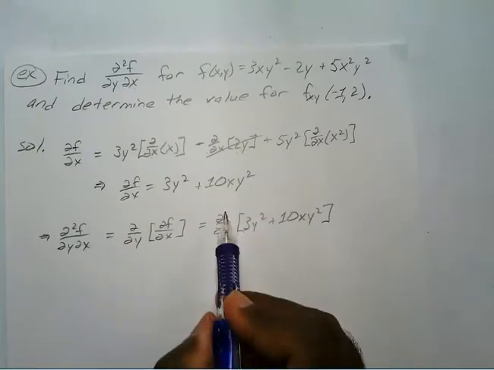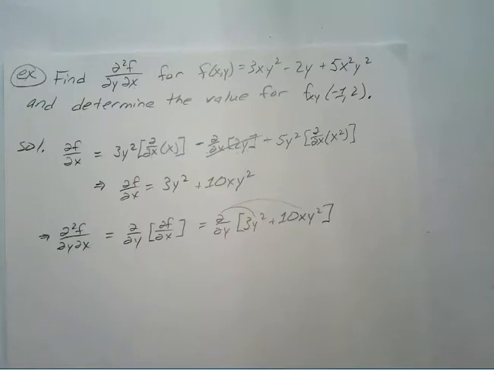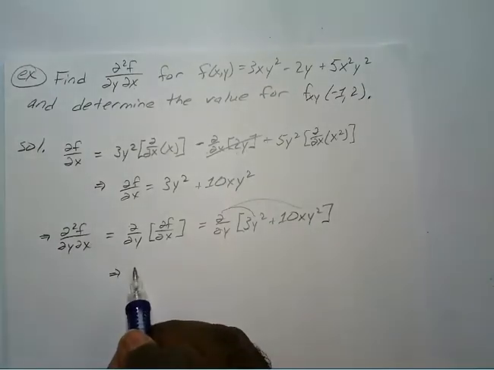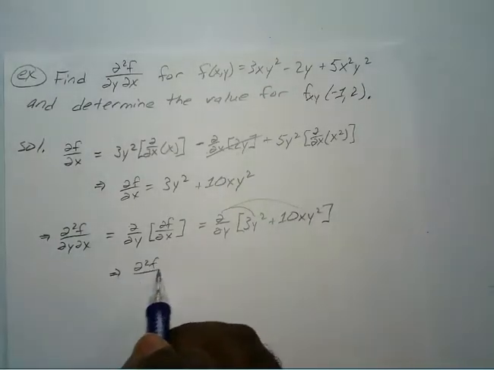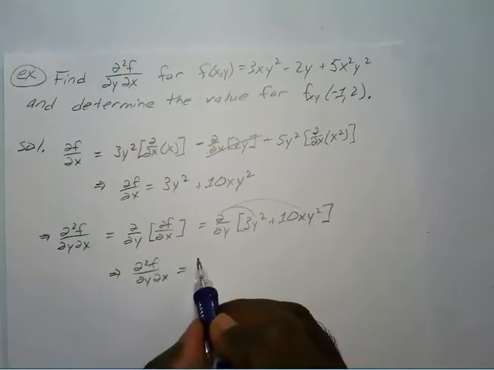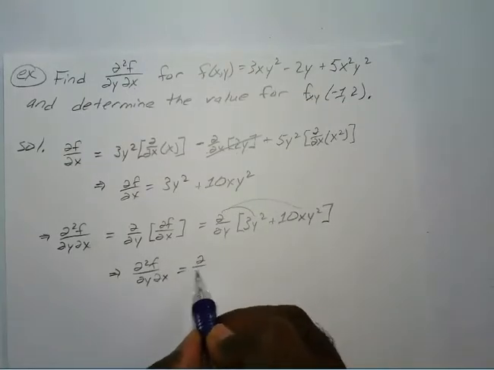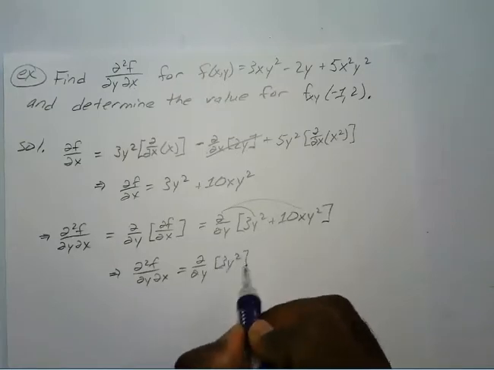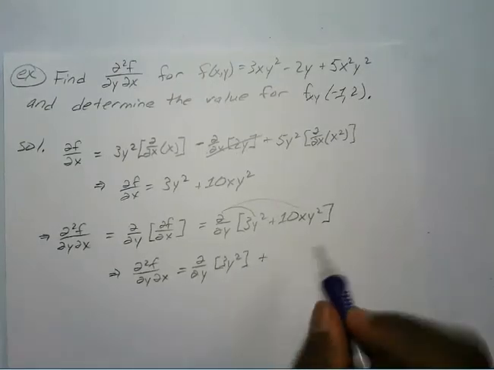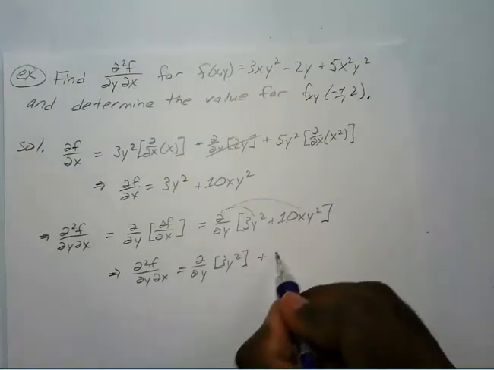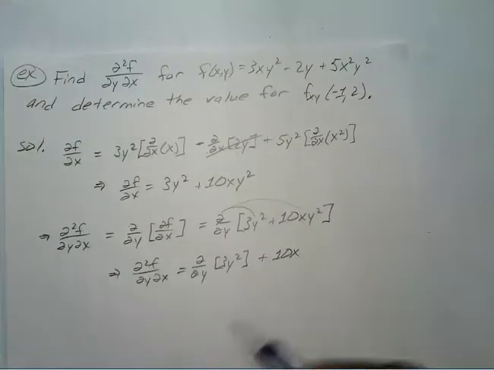All right, so if we find the derivative with respect to y of both of those, let me continue that down here. That's the partial with respect to y of 3y squared plus, we know the 10 and the x will be looked at as a constant, so we can pull that right out to the front.